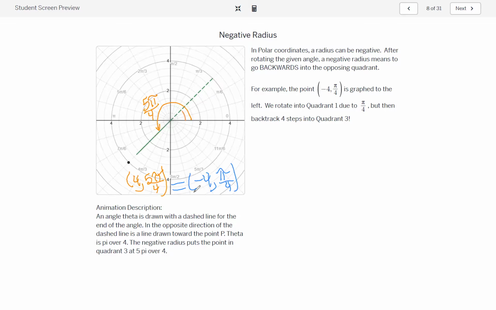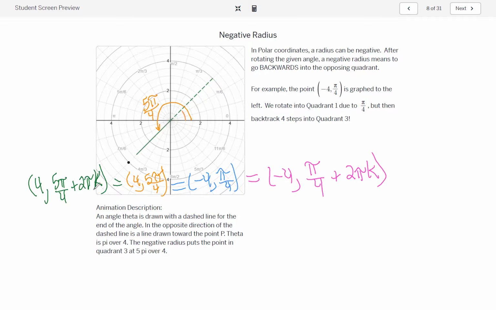So with my two points here, there's actually more than that. I could take my -4, and I have pi over 4 plus any coterminal angle, so plus 2 pi k. On the other side, I could also have 4, 5 pi over 4 plus 2 pi k.